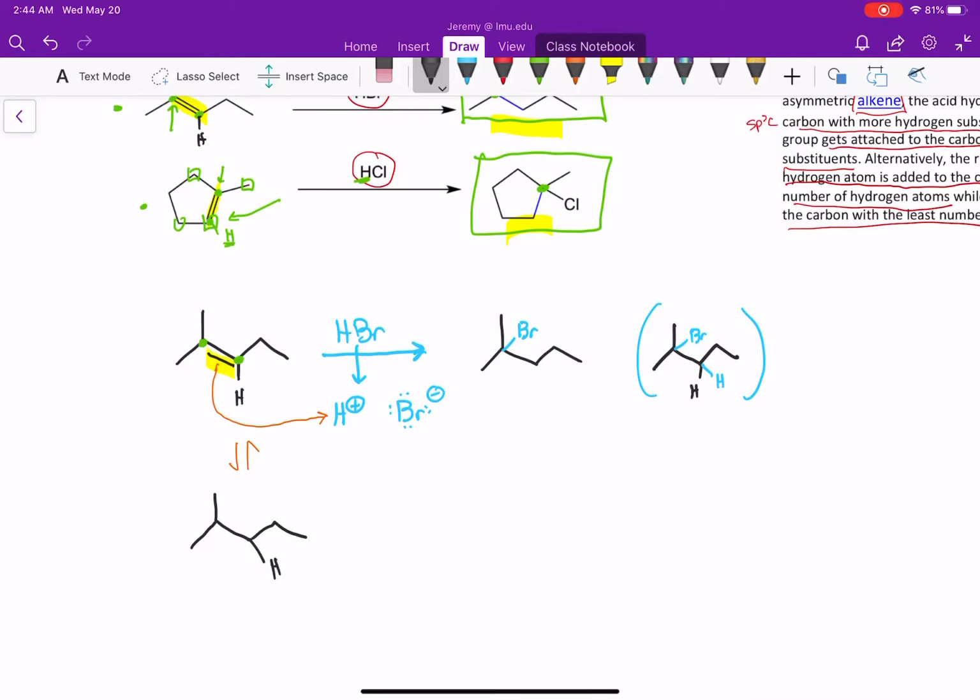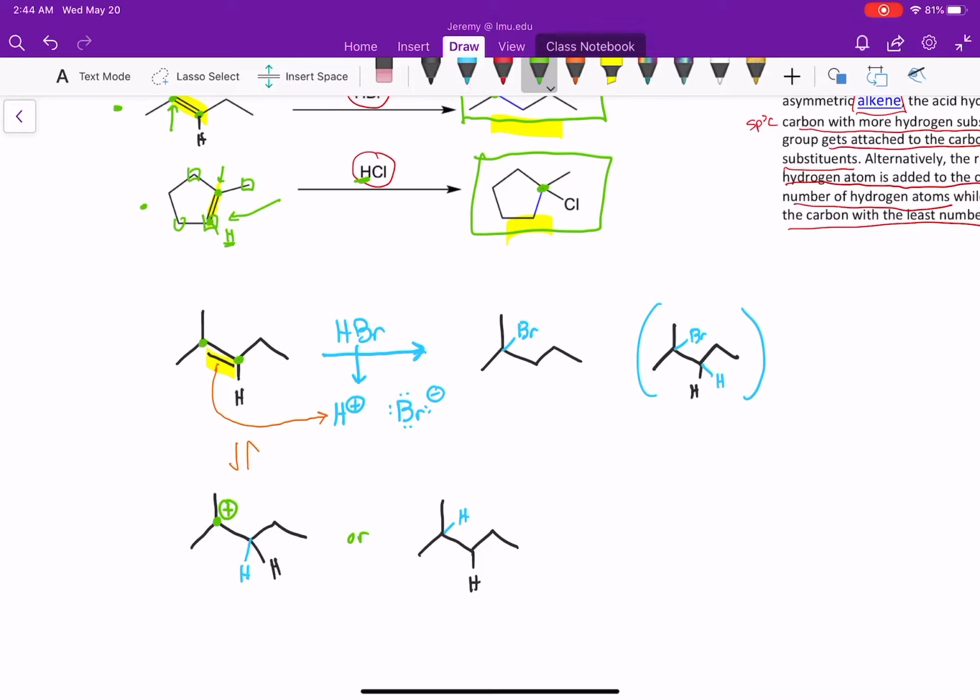So I can add the hydrogen to the right side, which leaves me now with a carbon that only has 3 bonds. So if you remember from formal charge, that carbon therefore has a plus charge. Or we can add the hydrogen to the left side.